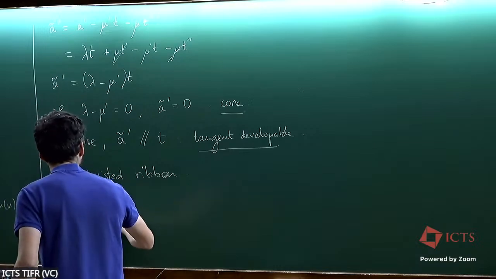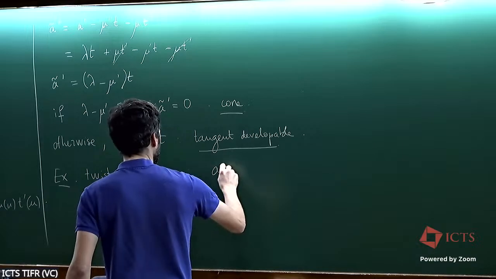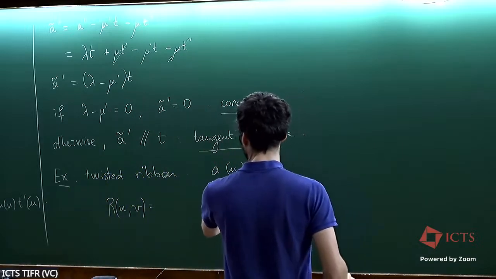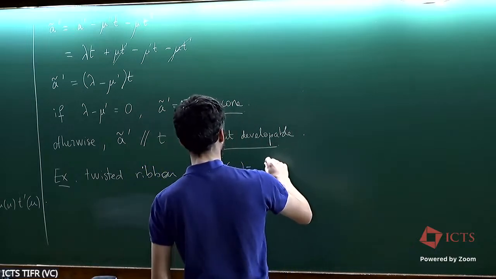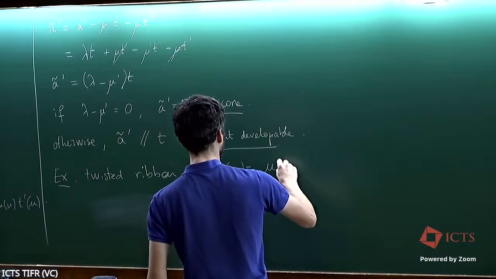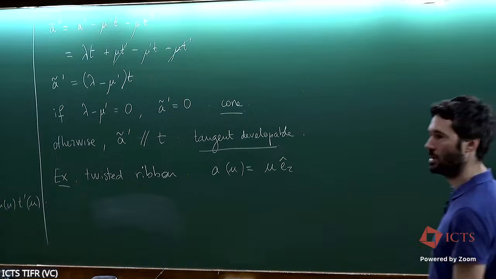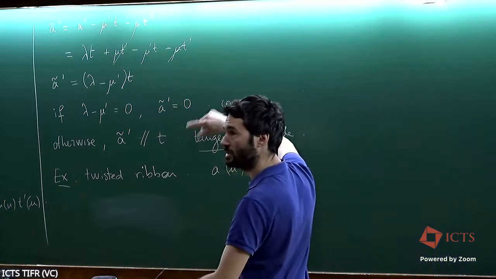So R of u and v. We'll take a of u, that is, I don't even have to write this actually. So a of u will just be, say, u e z. So the baseline is along z, and then I twist it with a constant rate along z.